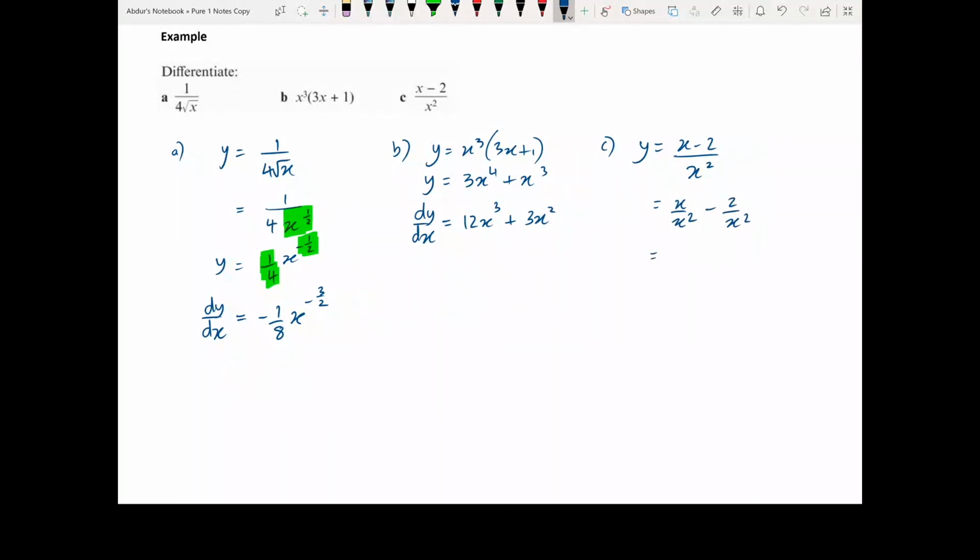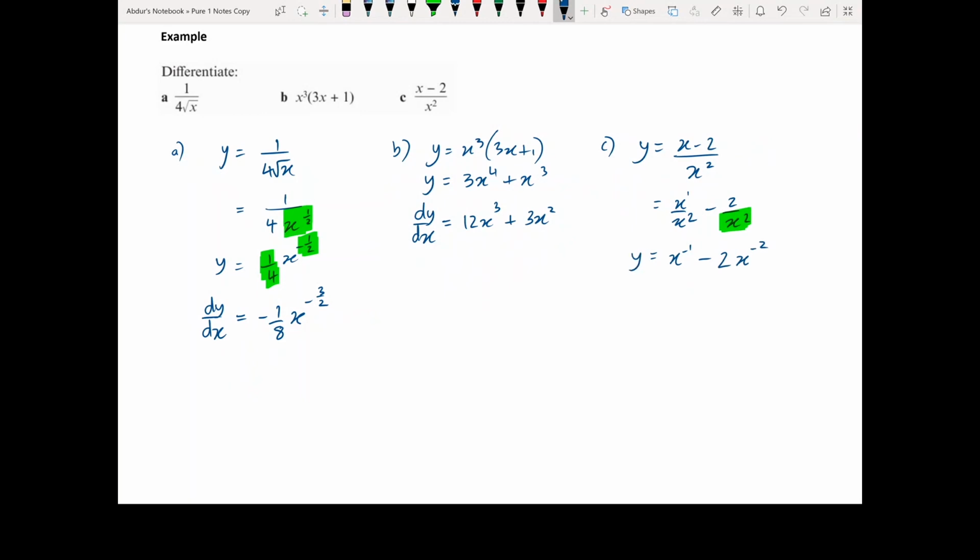Let's tidy this up. X over x squared becomes, well, we can subtract the powers when we're dividing, x to the power of 1 divided by x to the power of 2, which becomes x to the power of minus 1. And here we will bring the x squared to the top and change the positive power to a negative power. So it becomes minus 2x to the power of minus 2.